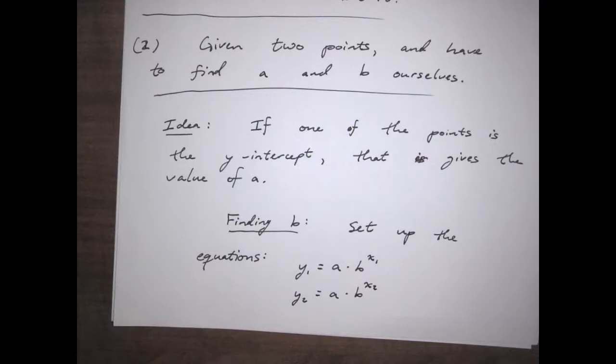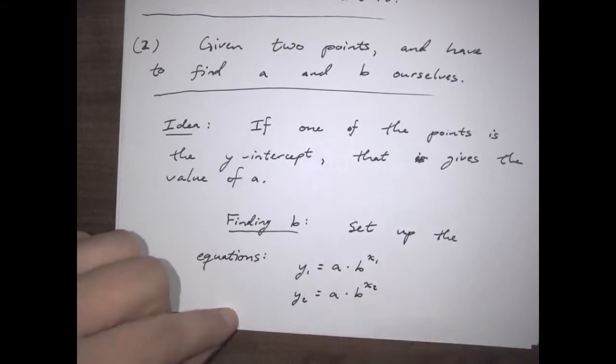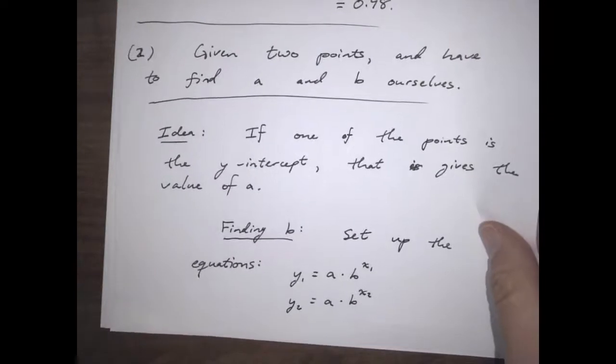And then, once we have these set up, basically we can just do a division. Divide the two equations and use the properties of exponents to try to solve for the b.